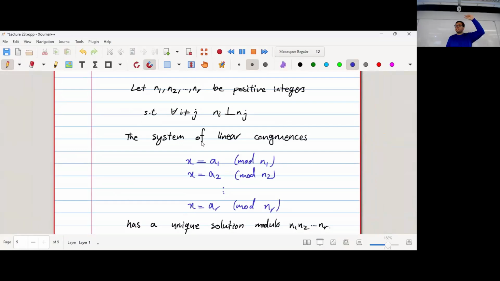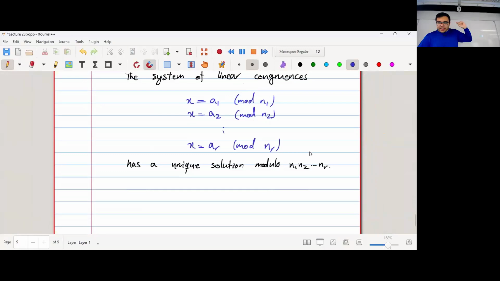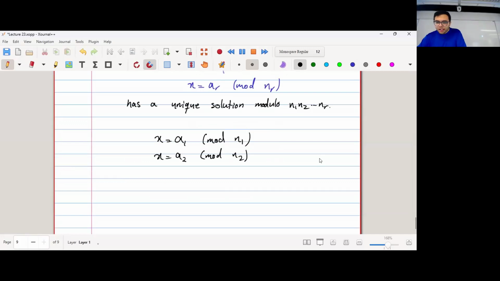So if I only had this first part, if I only had x equals to a1 modulo n1 and x equals to a2 modulo n2, I know that this is equivalent to something like x equals to some a prime modulo n1, n2, right?